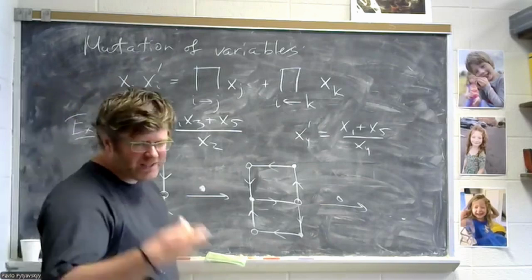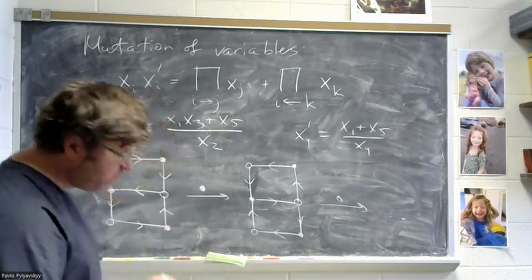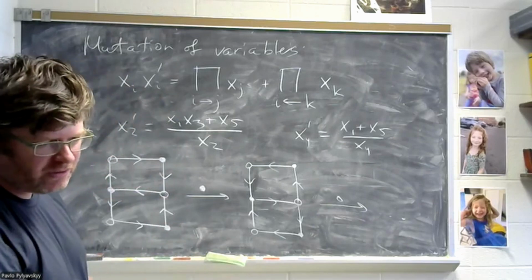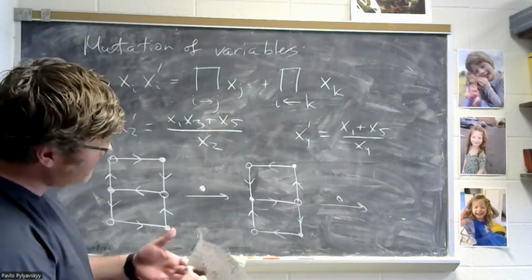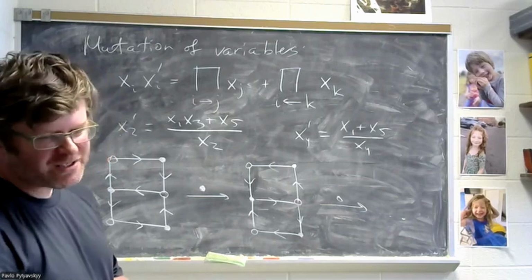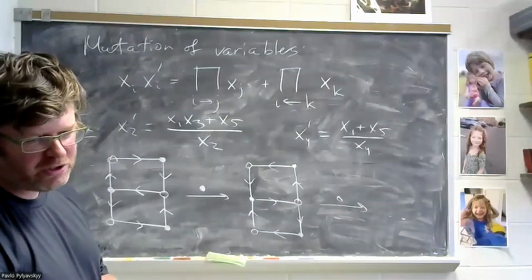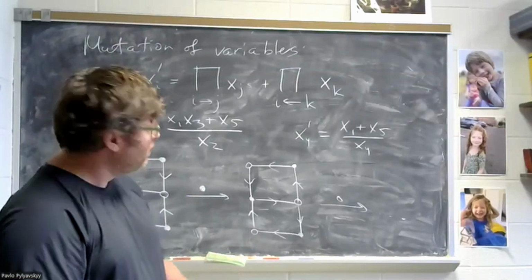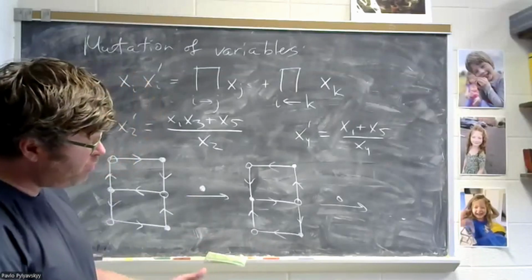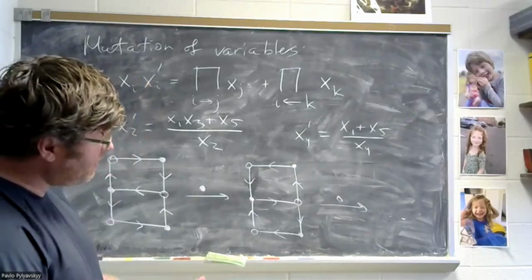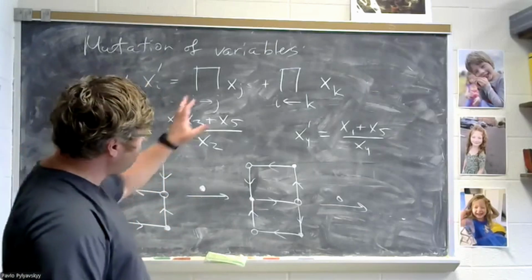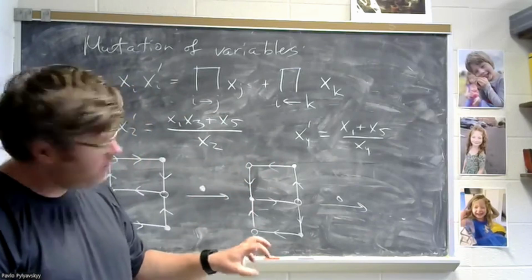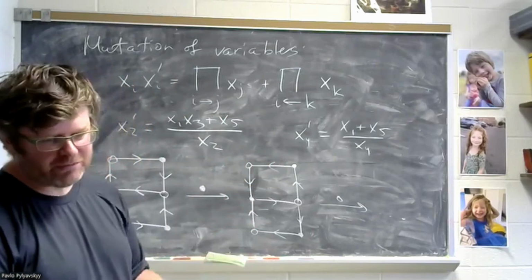So in the cluster world, as long as you keep getting back the original quiver, that's the setting where people would call it a T-system. That's the most general use of the word T-system. Originally it was reserved for more special cases, but the more modern, most general use is that a T-system is just a way to start with a quiver, click a bunch of stuff, and get back the same quiver.